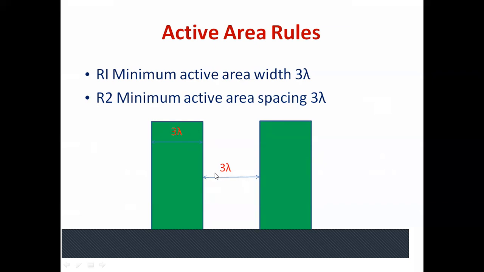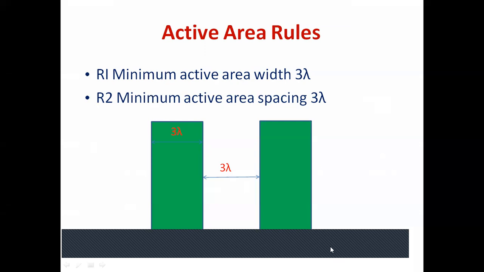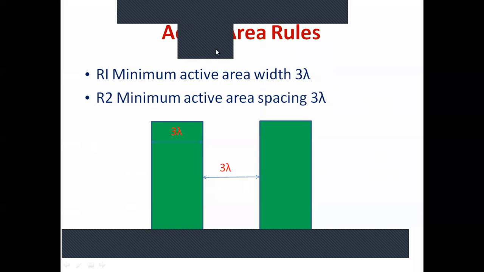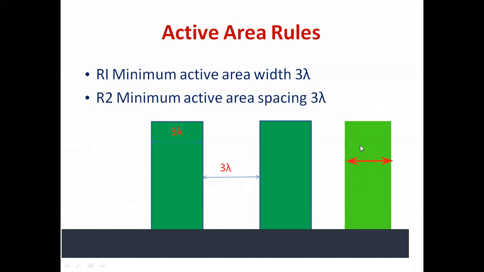And what should be the separation between two active areas? It is 3 lambda. For example, if I draw one more active area like this, what should be the minimum width of this, from here to here?